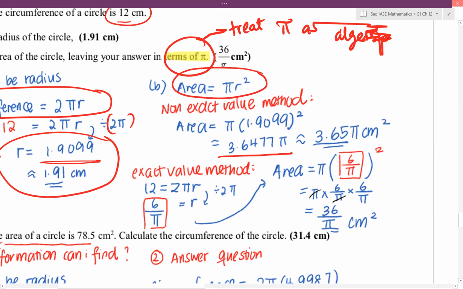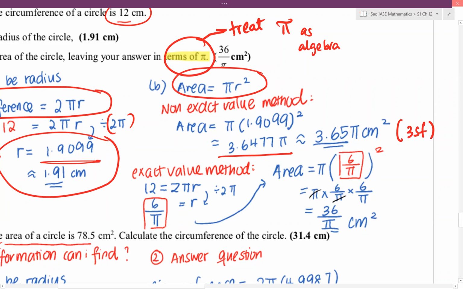Treat it like a letter A, like a letter B or an X. Don't do anything to it, but just remember to include it. So 3.6477 pi, approximately 3.65 pi. So this is in 3 SF.